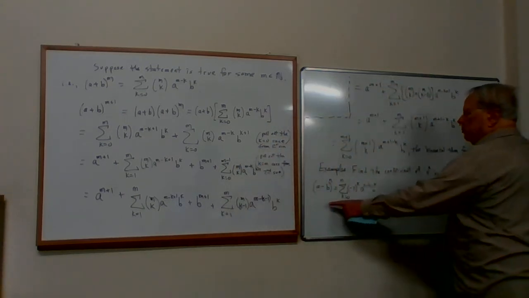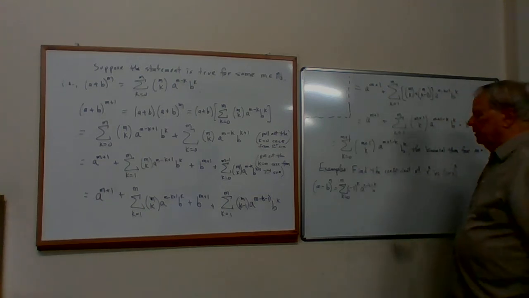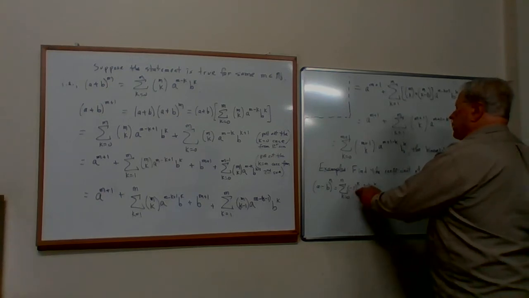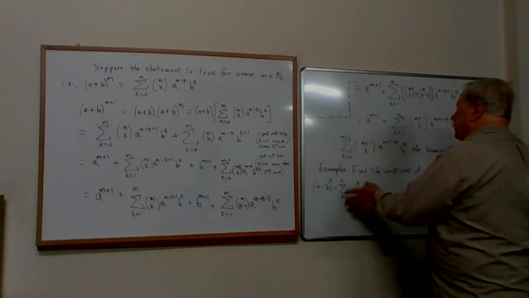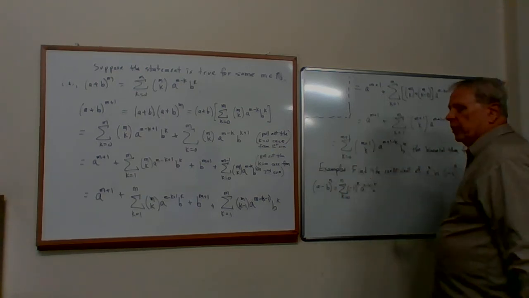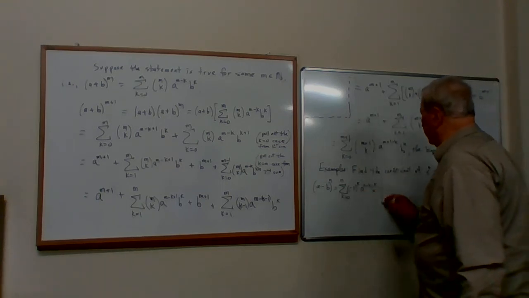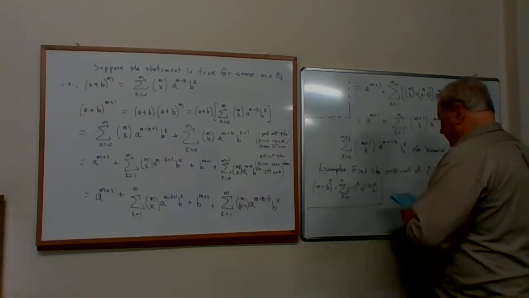Okay, so this is the binomial theorem for if I have a difference. And again, this just comes because if k equals 0, it's positive, and that's obvious. If k equals 1, it's negative, all the way out to if k equals n, then it just depends on whether n is even or odd as to whether it's positive or negative. But this is the binomial theorem for the difference.